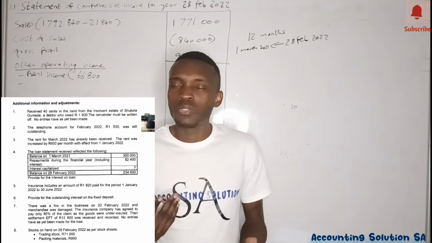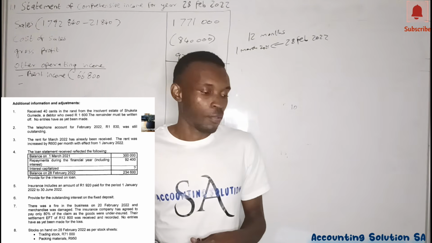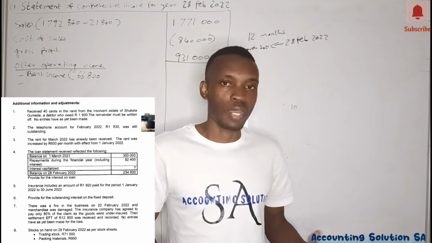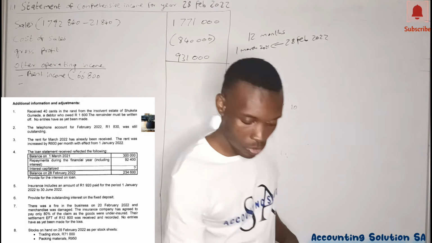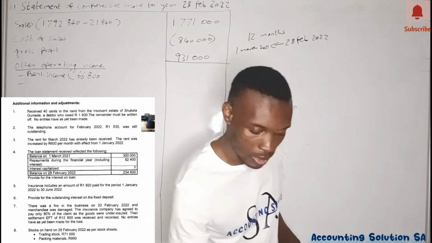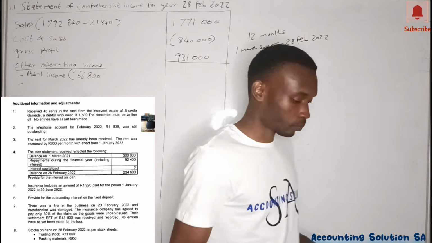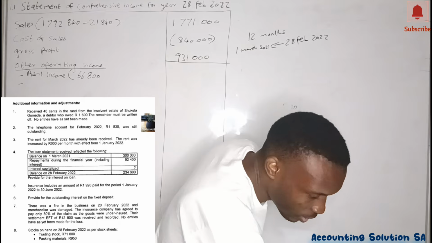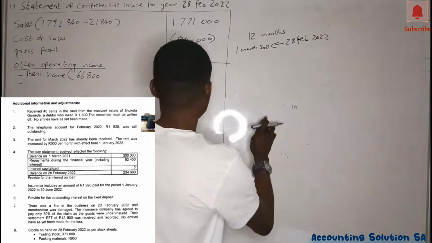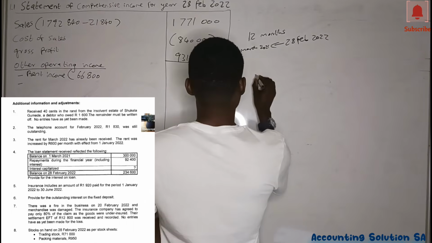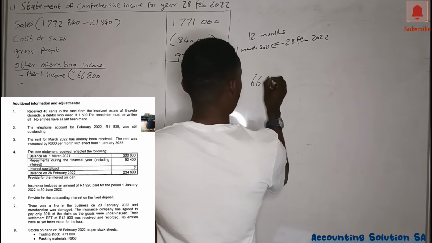So how are we going to do that? Very simple, guys. It means that before January, rent was less by 600. So this is the calculation that we have to do. The amount of rent that we have was 66,800.